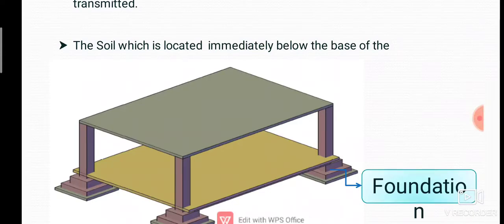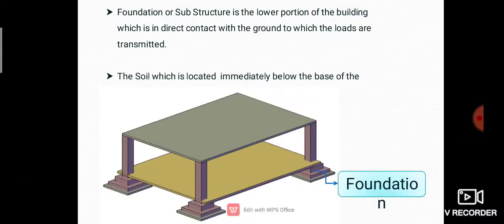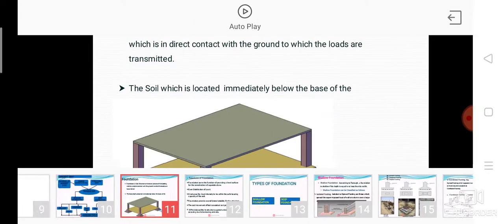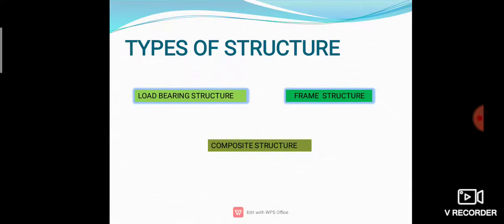Now, what is the composite structure? This is the third type of structure. A composite structure is a building that is part frame structure and part load bearing structure. It means a structure constructed in two parts: one part is a frame, another part is load bearing.